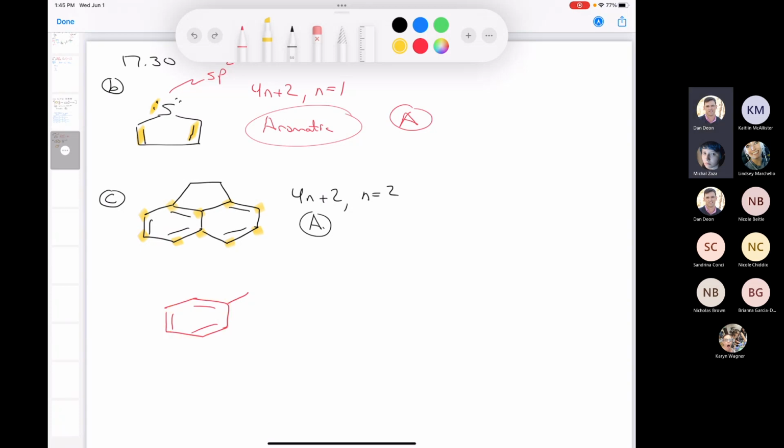If you have just plain old naphthalene, and we looked at naphthalene when we looked at phenanthrene and that kind of thing, it is an aromatic compound. And if it was to have, let's say, a methyl group here and a methyl group here, that doesn't change anything. It's still an aromatic compound. So the compound in C is an aromatic compound.